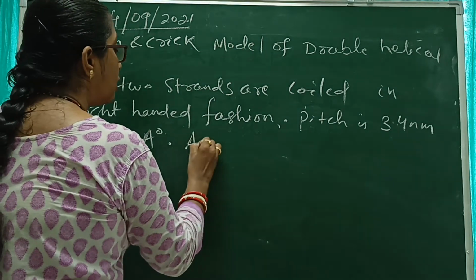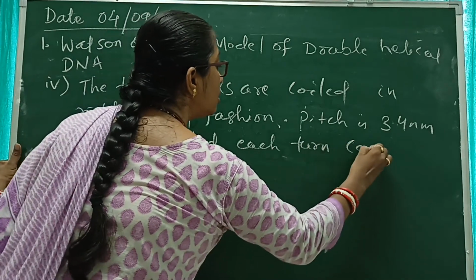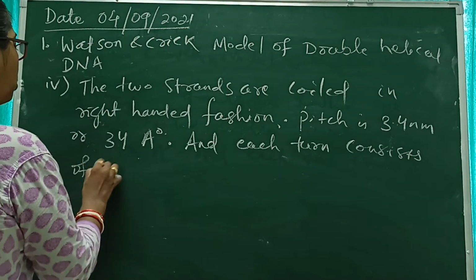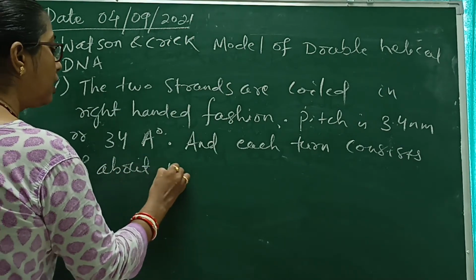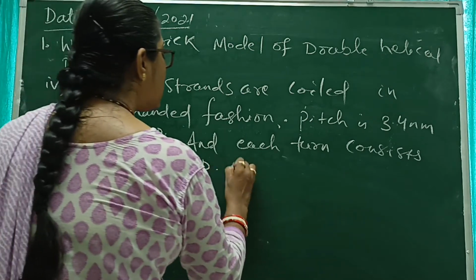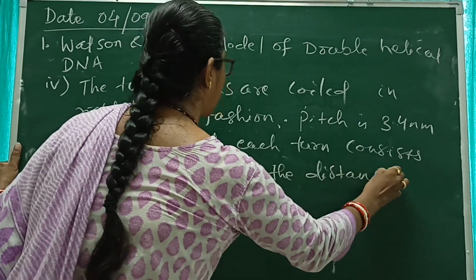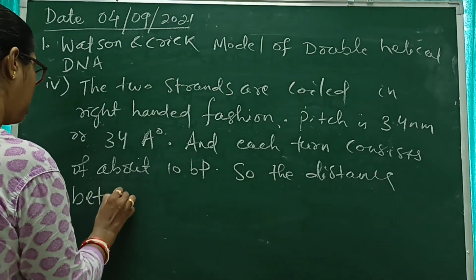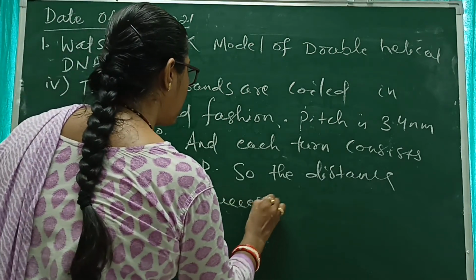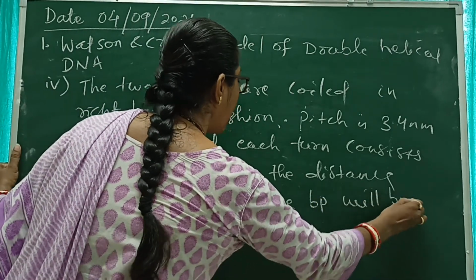and each turn consists of about 10 base pairs. So the distance between two successive base pairs will be how much?